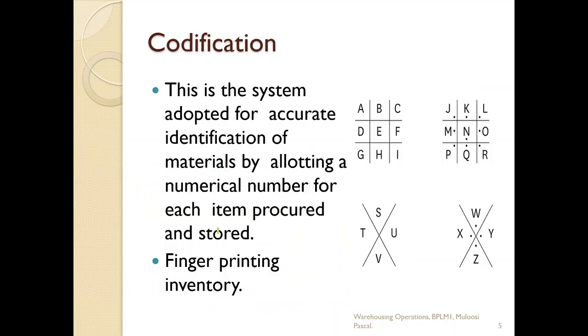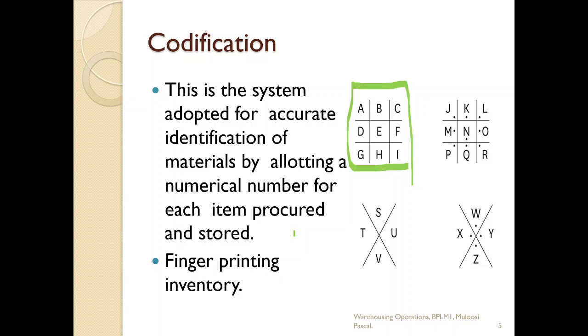All these cause confusion in a warehouse, and that is why we need to adopt codification, whereby we give numbers, figures, letters to items. They may be numeric, they may be alphabetic like we see here, maybe A, B, C, D, E, F, it may be P, Q, R, X, Y, Z, depending on the organization that you are working in.